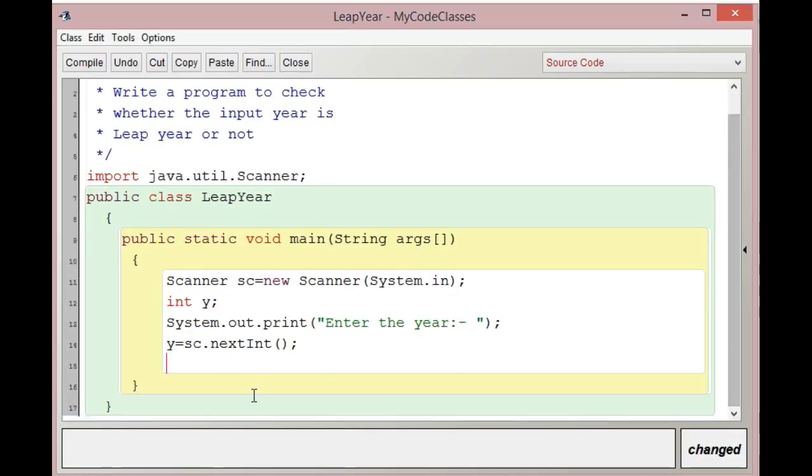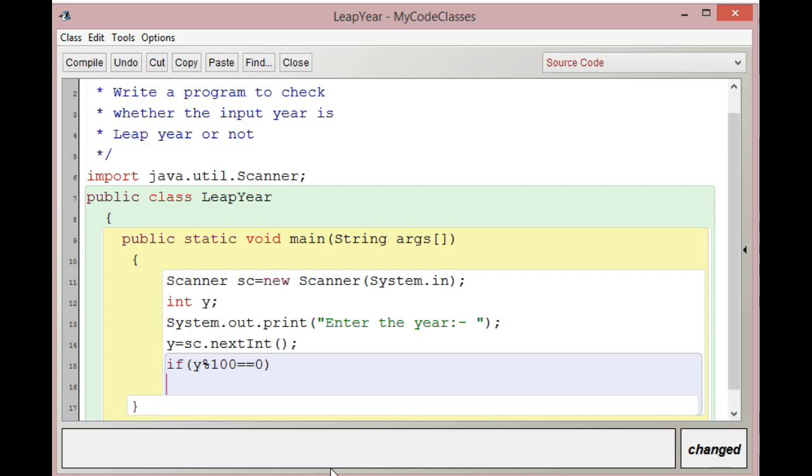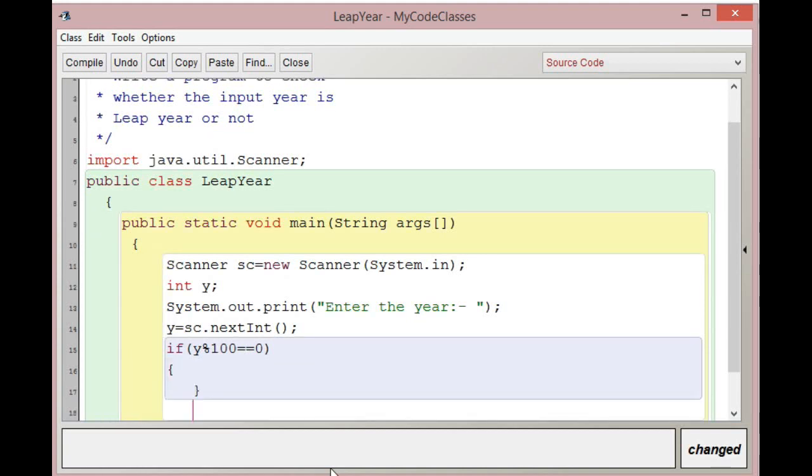Here I'll write if y is divisible by 100 to check whether it is a century year or not. Now, if it is yes, then in that case what to do? I will put it inside this block.